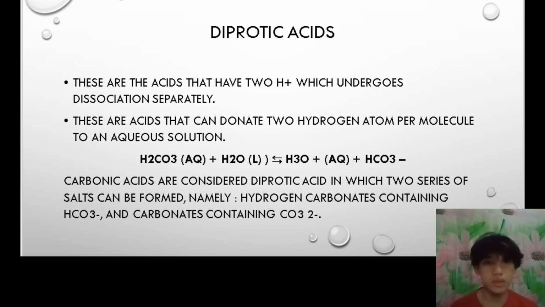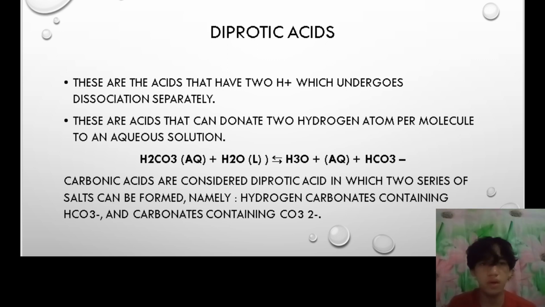This is the type of acid that has two hydrogen ions and which dissociates separately. Here in the presentation we have an example, which is H2CO3 plus H2O gives H3O plus and HCO3 minus. So what's this?